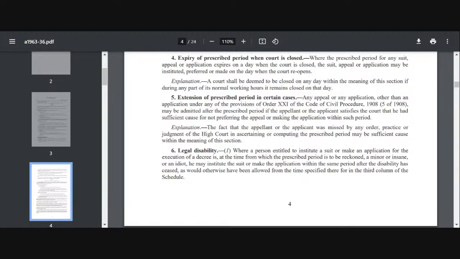The cause of action has started from today itself, because it accrues on the date, and the limitation period will start running from the date of the cause of action. But I'm a minor, or I'm of unsound mind. In that case, am I able to institute this suit or application? What do you think?